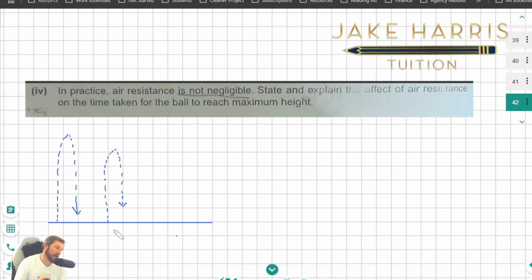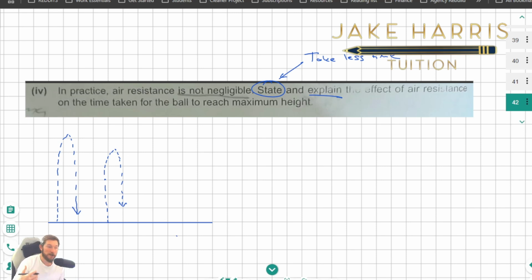So it won't reach the same height, and so that probably tells us it would take less time. So the state part of the question is to say it would take less time. I think this is a 2-mark question. And then the explain part, we have to say why it is going to take less time.